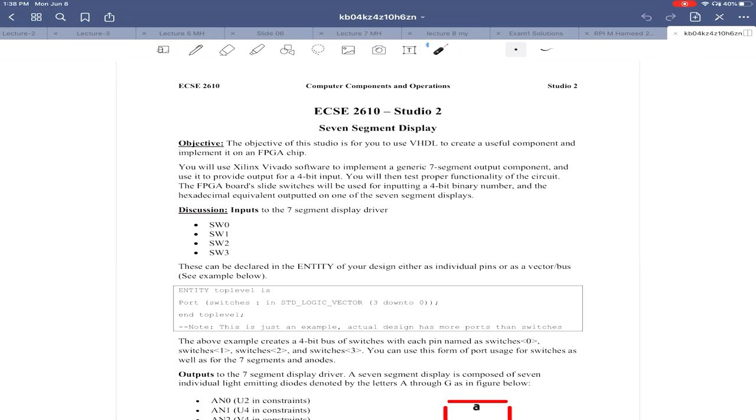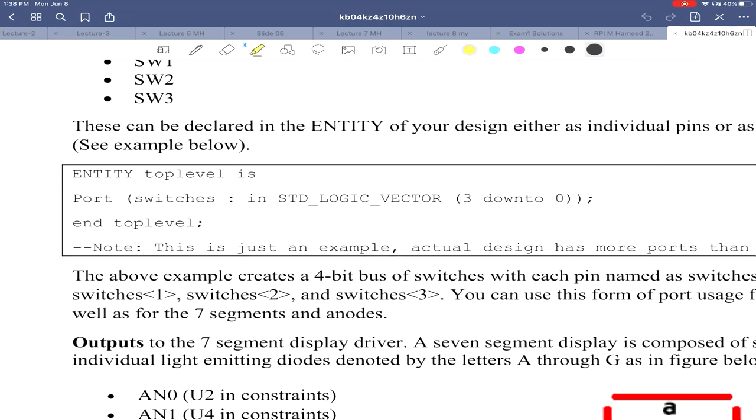Thank you, Lauren. So in Studio 2, we move away from denoting inputs and outputs by using standard logic to standard logic vector. And the main reason we do this is because we could have a bus, meaning a combination of wires together.